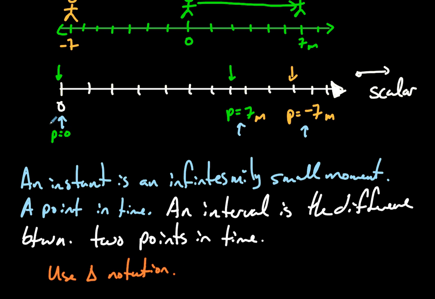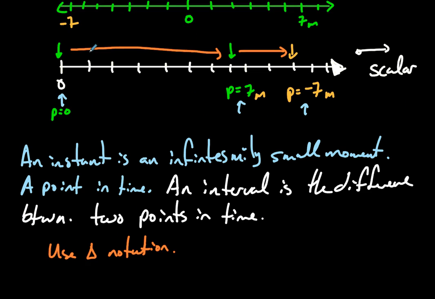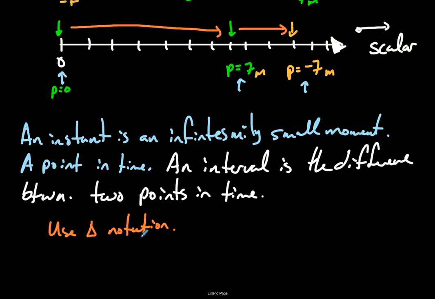Okay, so looking here, this could be one interval in time. And this could be the second interval in time, right? And if we think about it, this is made up of 2 time intervals. One where this object is presumably moving right the whole time, and one where it's presumably moving left the whole time. Okay? So delta notation, then, how do we use it? So let's call this interval A and call this interval B. Okay?